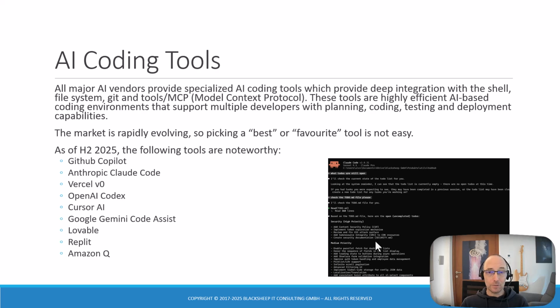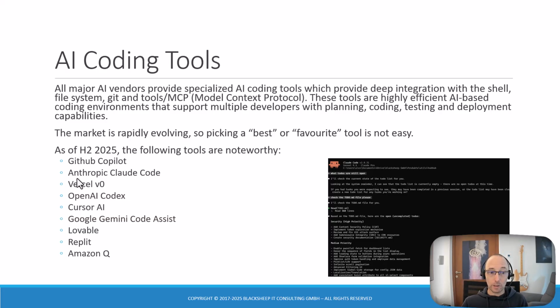So that market is rapidly evolving. It started roughly a year or so ago. So there's no clear winner yet, and they are all very, very good. And those tools that are noteworthy, at least for me in the second half of 2025, again, that is very rapidly evolving, is GitHub. And that's not a ranking, it's just maybe one of the first you ever worked with was GitHub Copilot, because it's almost everywhere now, or the VS Code Copilot.